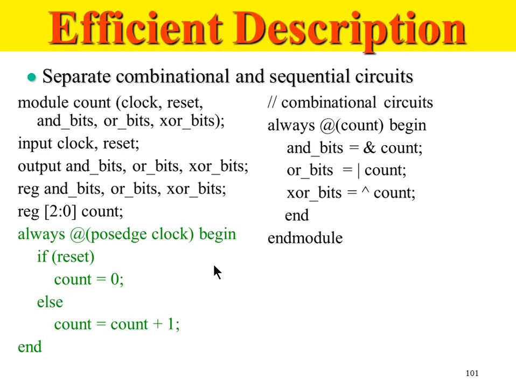But wherever you can, you should separate out the combinational circuit and the sequential circuit, due to which it will generate efficient hardware for you. Efficient in the sense it will take an optimum number of gates or components in the back-end part of the design when the synthesis does its work, converting Verilog to gate-level netlist. That is when the design efficiency comes in.